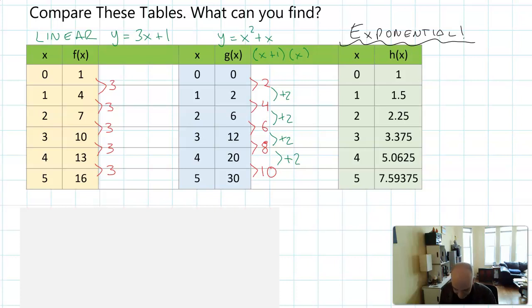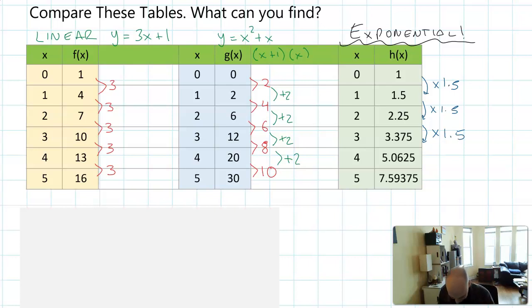And when you're looking at an exponential function or you have a table that you suspect is exponential, instead of looking for a constant difference, you should be looking for a constant multiple. So instead of plus 3, this is times 1.5. Times 1.5, and we are repeatedly multiplying by the same value every time.